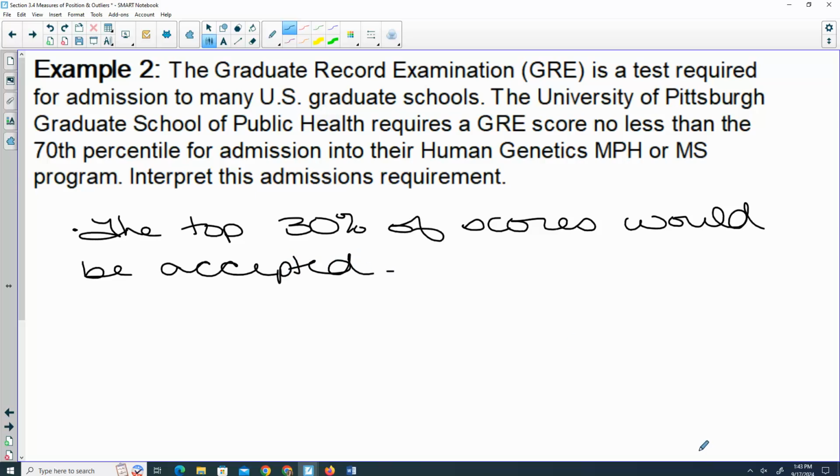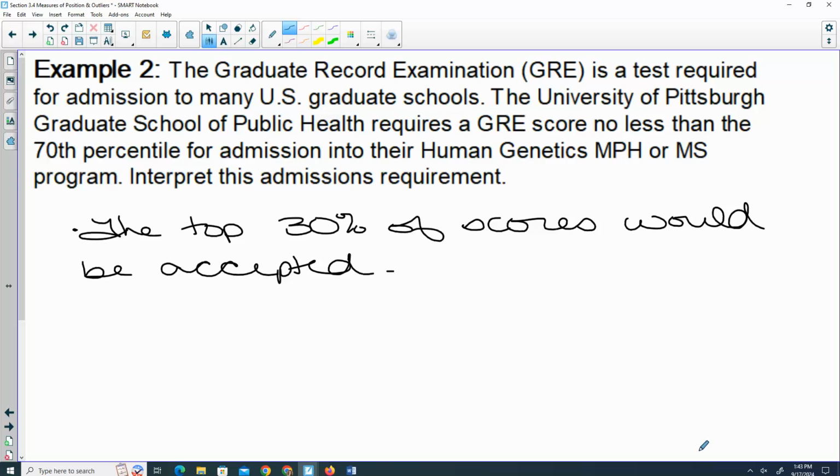If you were in that range, you get in. If you were below that, you would not. Your score has to be high enough that you score better than at least 70% of it.